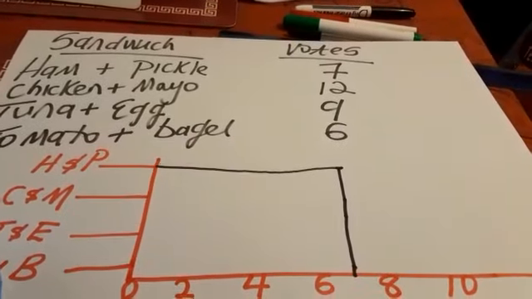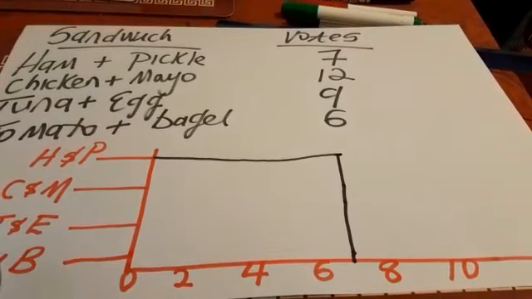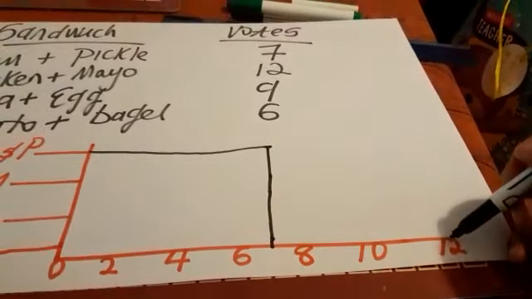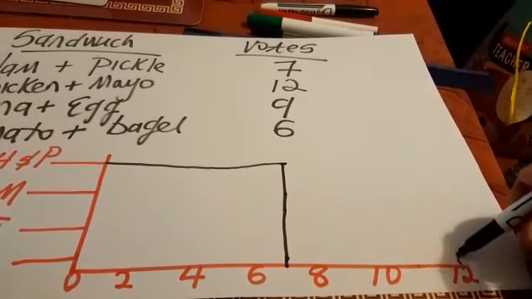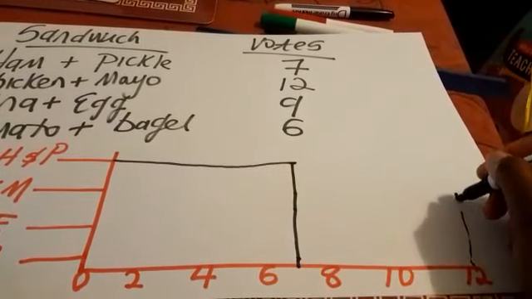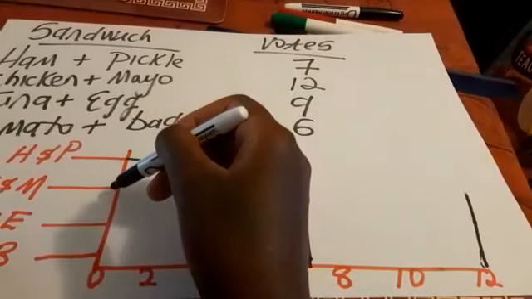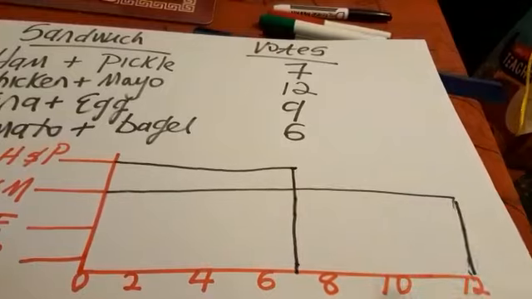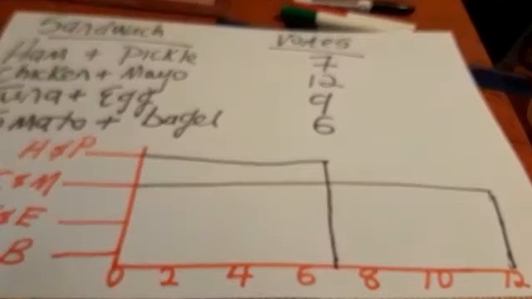Then the next one, C and M, that's chicken and mayo. 12 people like chicken and mayo, so I go to my number 12 and then I draw a line all the way across. There you go, 12 people like chicken and mayo.